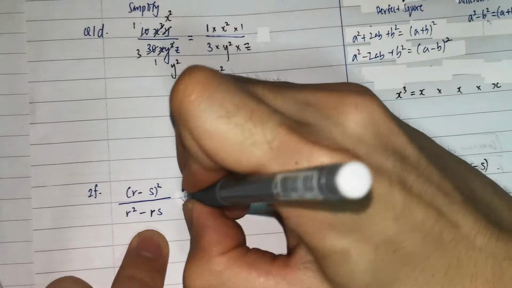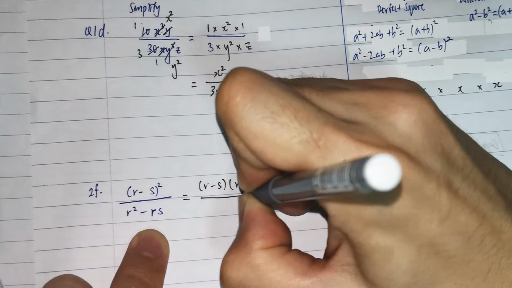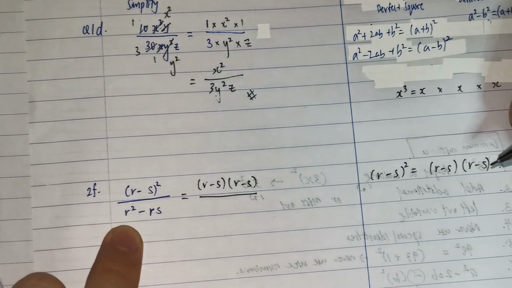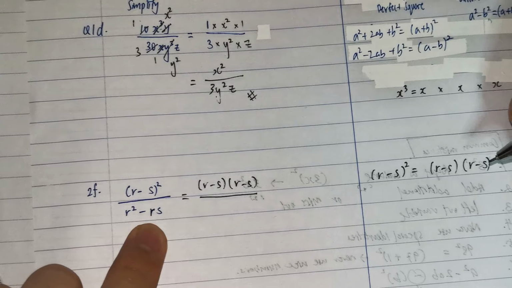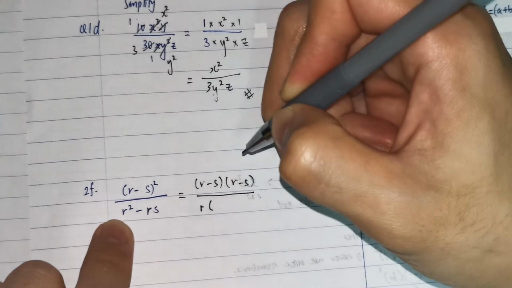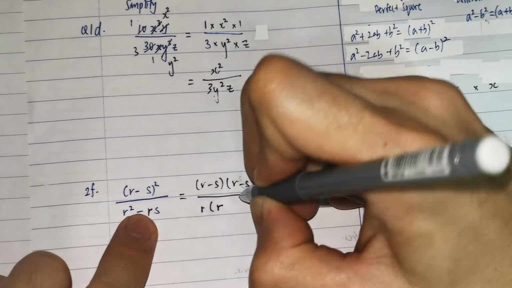So this is what it means. So let me write it out first. It'll be easier for you to see. So now at the bottom, right, is r squared minus rs. So I can see that r is a common factor for both terms. So once I take out r, I will be left with r minus s.